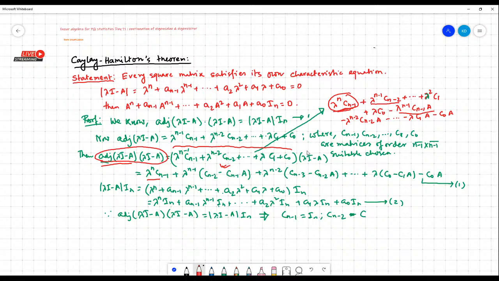Similarly, lambda n minus 2 Cn minus 3 minus Cn minus 2 a.